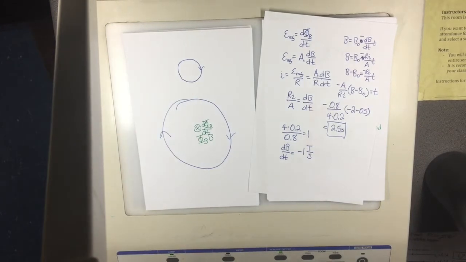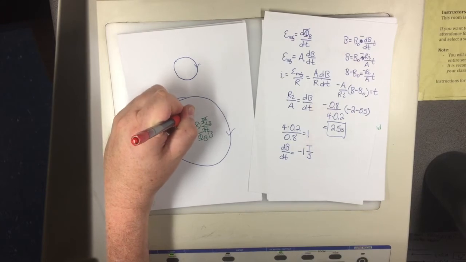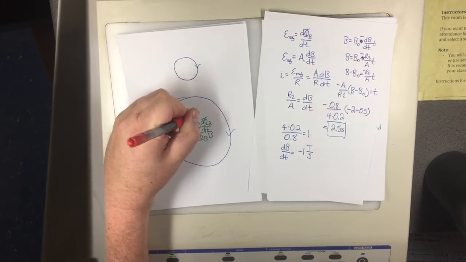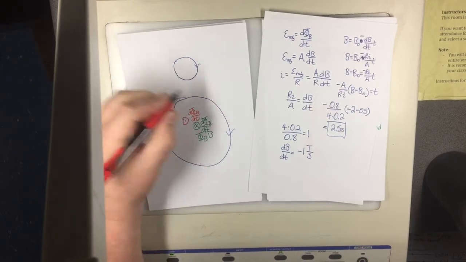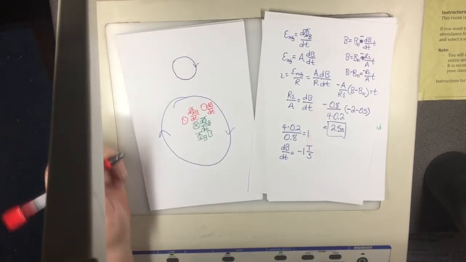Lenz's law says that the external must be out. To get the external to be out, the B field must be out as well.